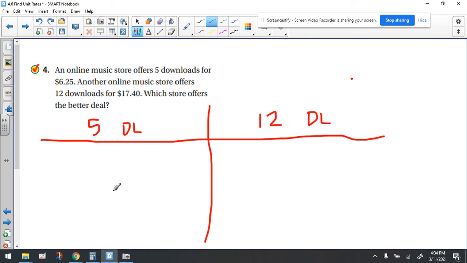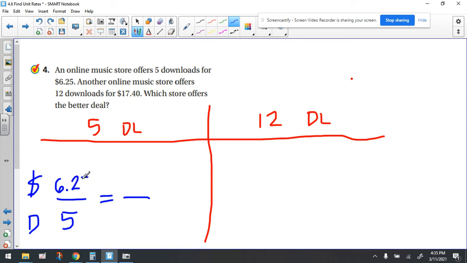All right, so over here on the left, if we show our proportions, we're talking about a certain number of downloads for a certain price. So how about we put the dollar first and the download second. All right, so we get this one, you get 5 downloads for $6.25.